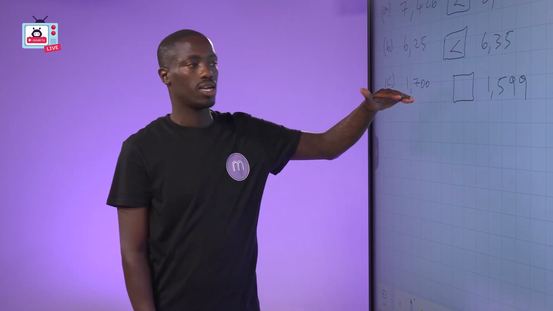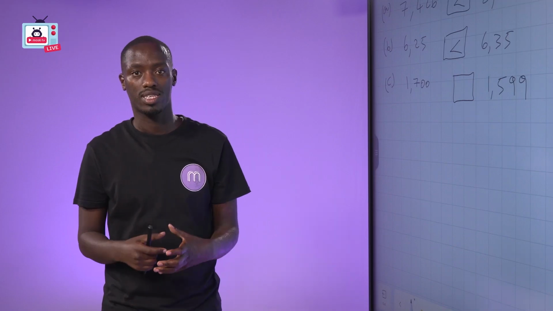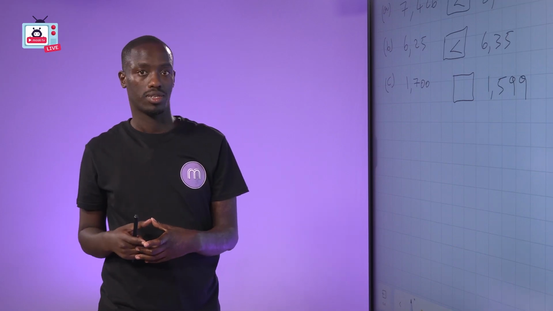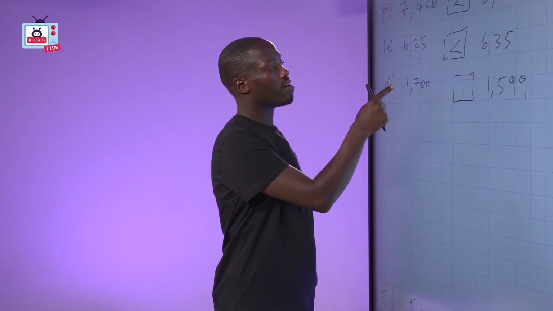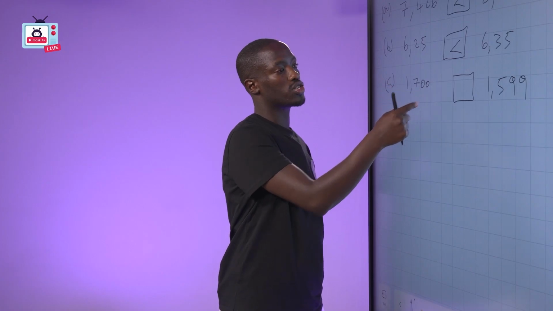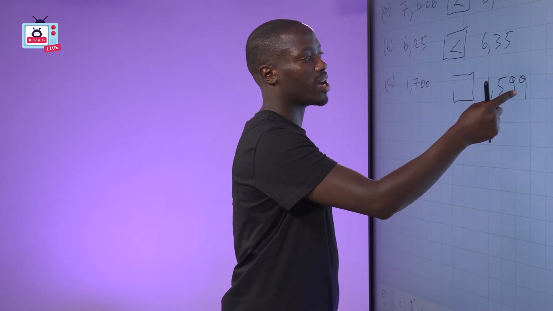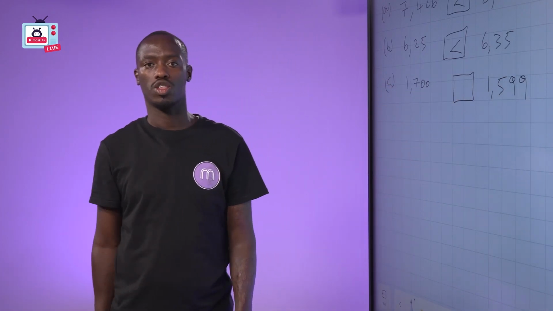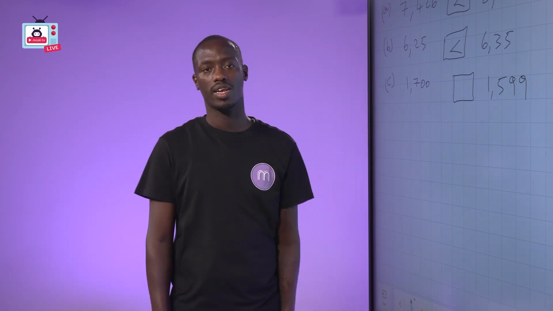Now I have 3 decimal places and I have 3 decimal places. Now I can start comparing my numbers. Now I have 1,700, I have 1,599. To compare those, we just ignore the comma and say 1,700 compared to 1,599.